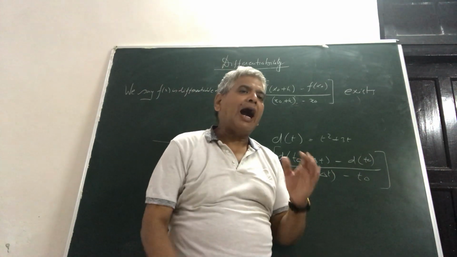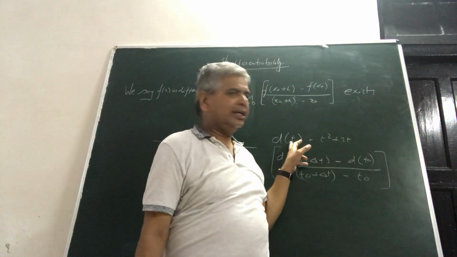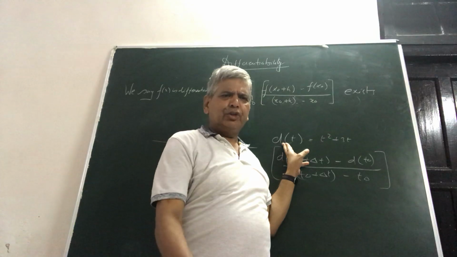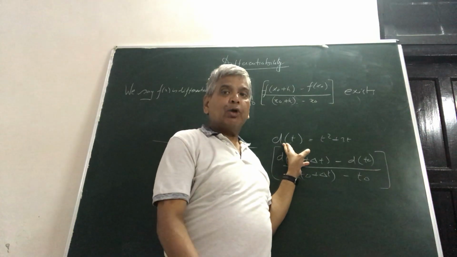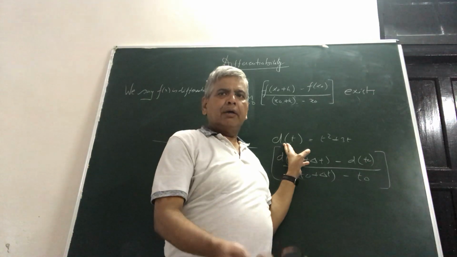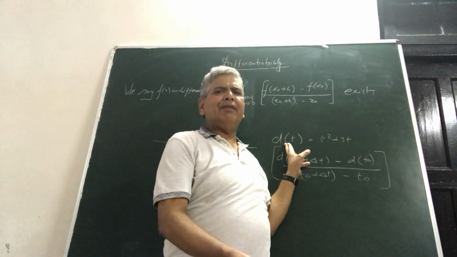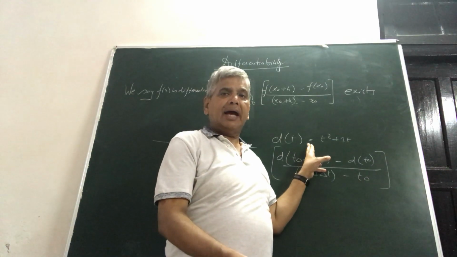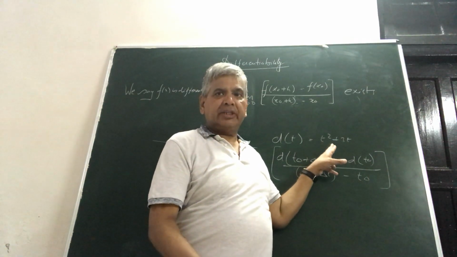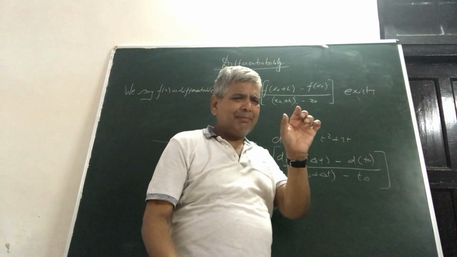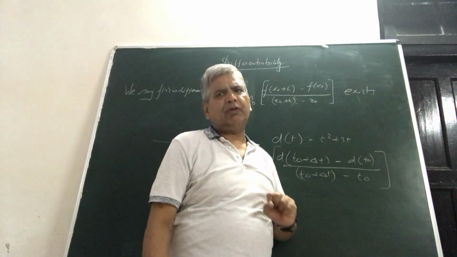Here is my function, d of t. At 3 minutes I will take 3 plus 0.001. Suppose I take 1 second more, subtract the distance traveled at 3 minutes, and then delta t is 1 second.